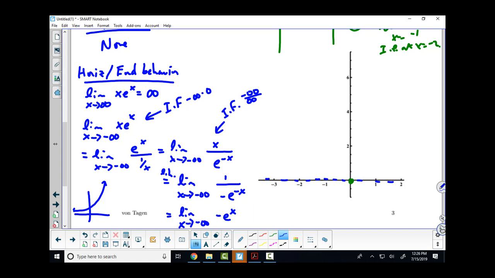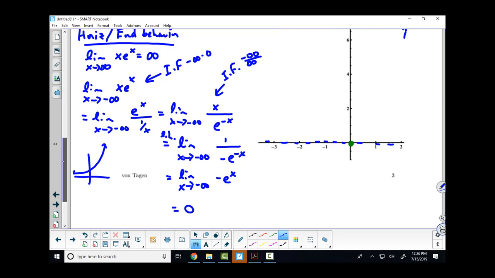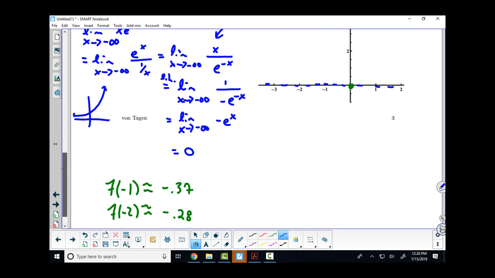We did say as we go far to the right, our y values get arbitrarily large, so I could go ahead and put that arrow there. Okay. Then we found the ordered pair -1, -0.37. So that's 1, that's 0.5. We had a local min.